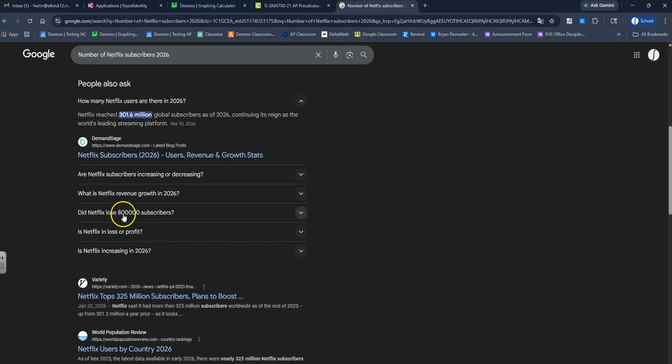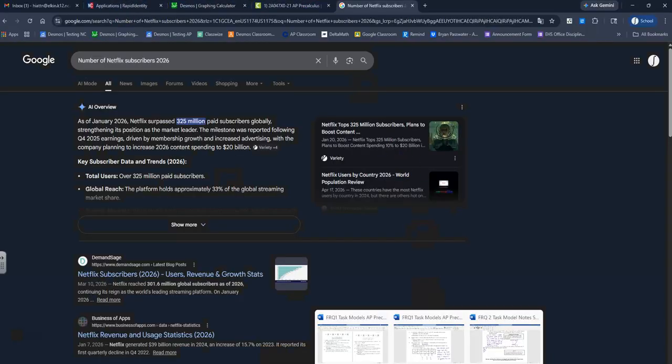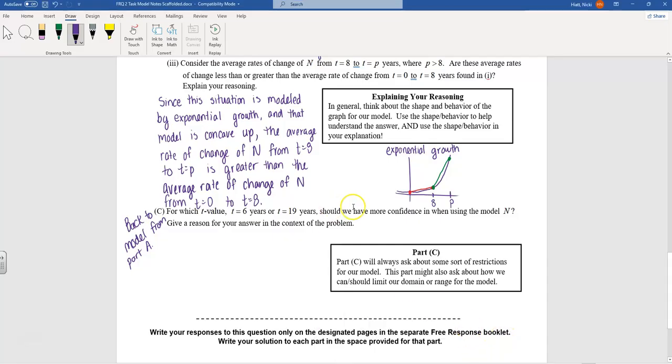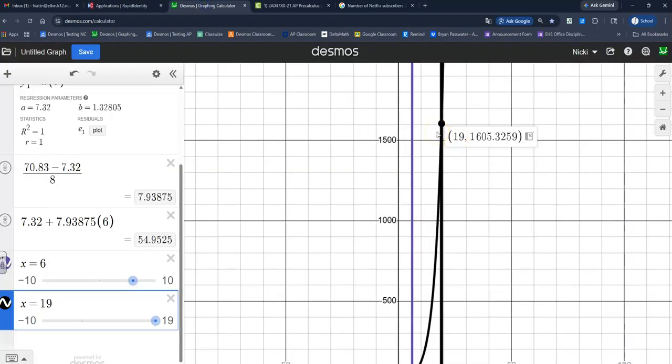I was thinking it was a billion too, but the AI is telling me 325. If that's right, that was a quick Google, and I'm not going to spend any more time on it than that. If that is right, then our guess right here is too high, right? We should be getting 325. Why is that not great? Right, exponential patterns may not last forever.